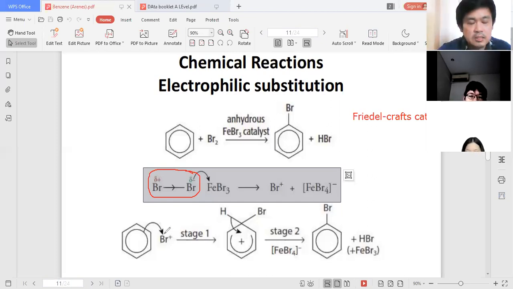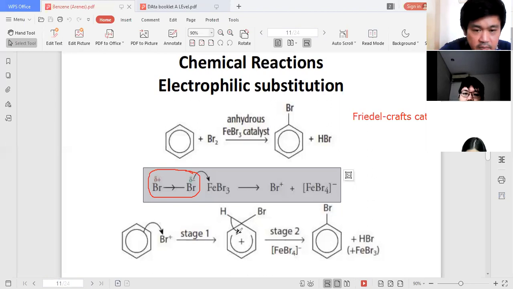But once the Br gets the electron from the benzene, this benzene will not undergo addition reaction. It will undergo substitution. What is being substituted? The hydrogen.